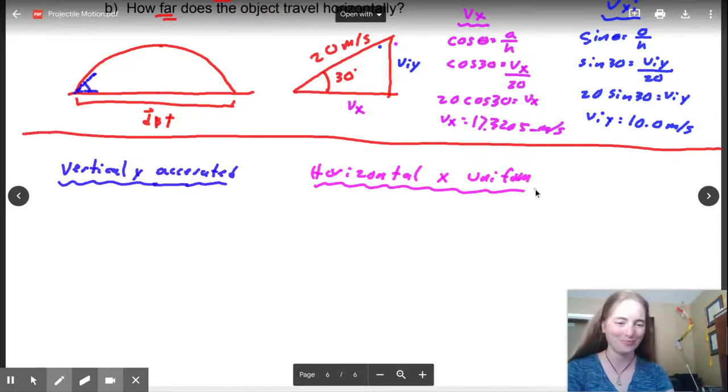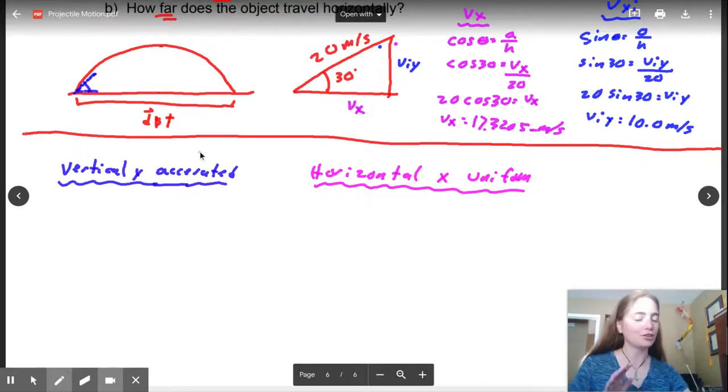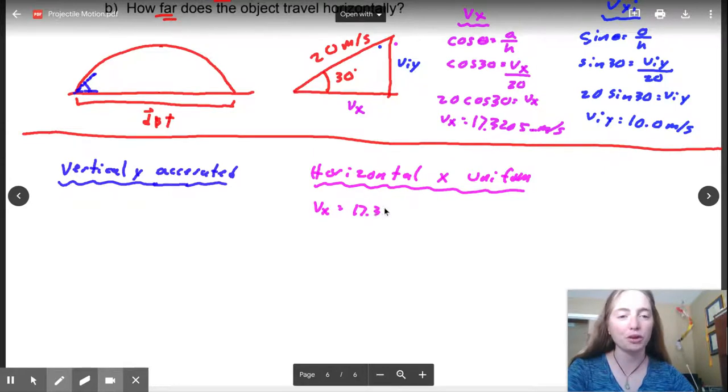Okie dokie? Okay. Let's start taking what we have and putting it into the appropriate locations. So our Vx is going to go here. That is the 17.3205 meters per second. Okay, so that's on our X.